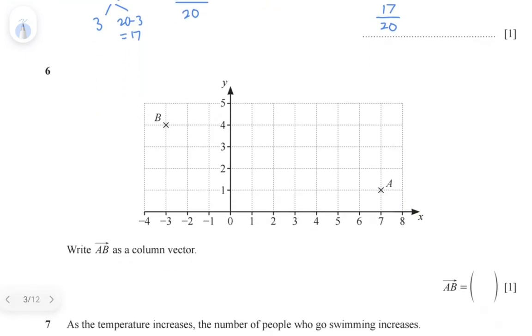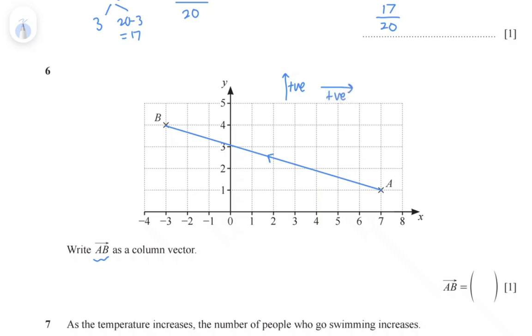Then looking on to question 6, we're asked to find AB as a column vector. So we're going from A towards B, so we're going in this direction. First off, we should remember about vectors that this way in the y-axis is positive, while this way in the x-axis is positive.